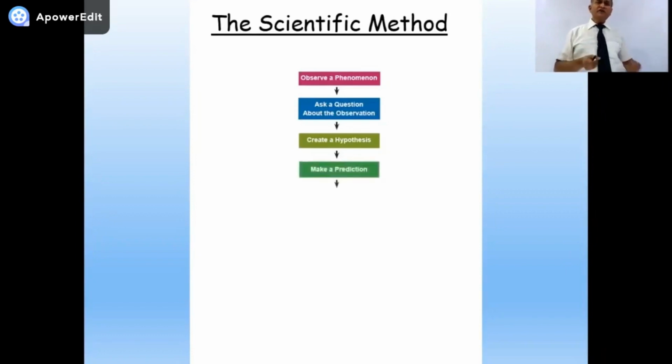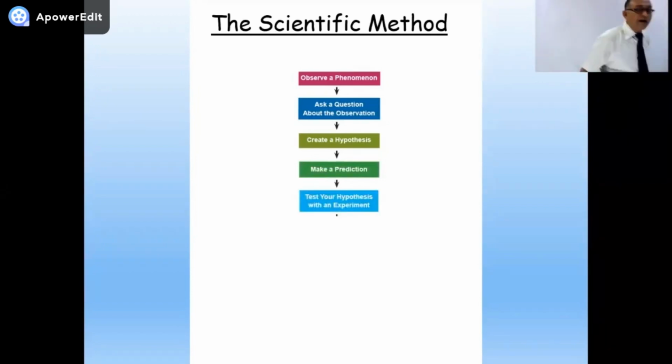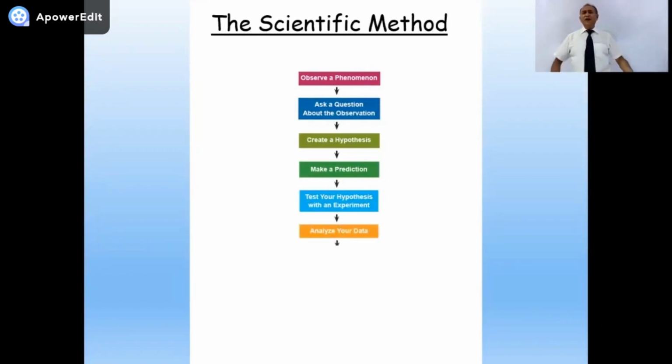Okay? So after the hypothesis, you made a prediction and you have tested your hypothesis. This test will give you a result. The result could support your prediction, or it could negate it, oppose it.